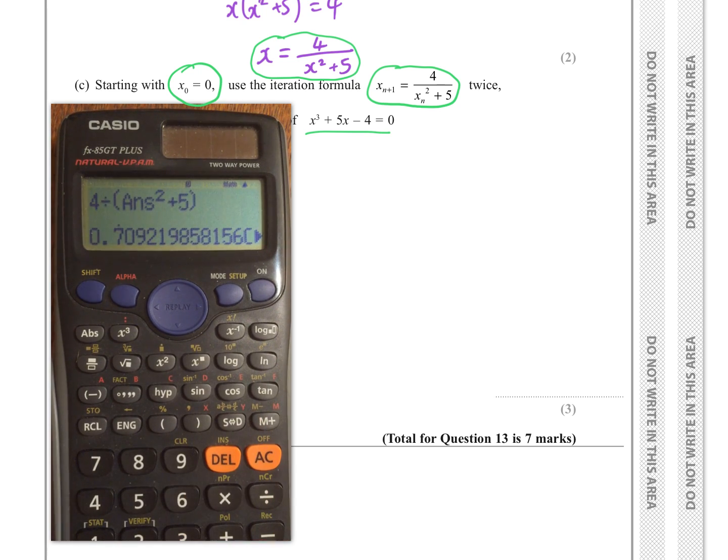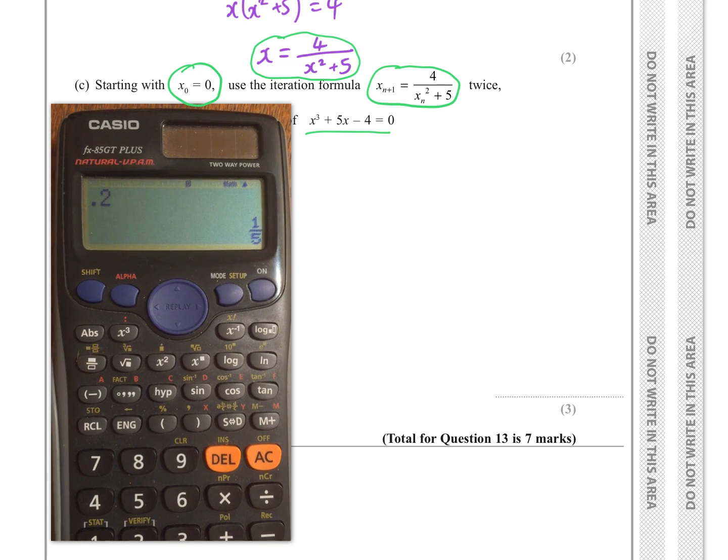If we want it as a decimal, there we go, 0.709, and we can just keep doing that, like so. So if we do another one here, let's say we had to start with a value of 0.2.